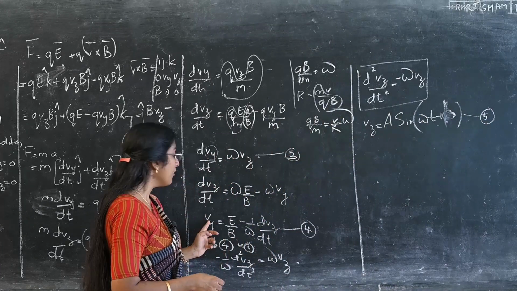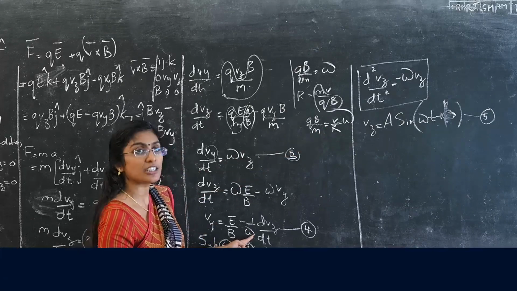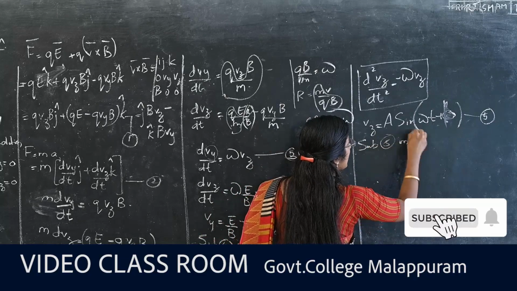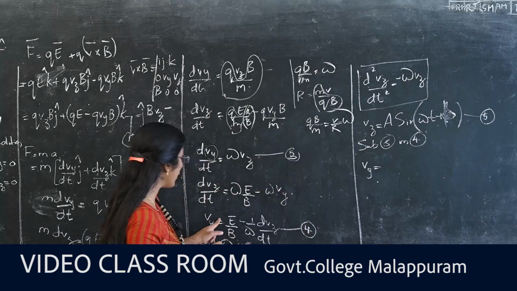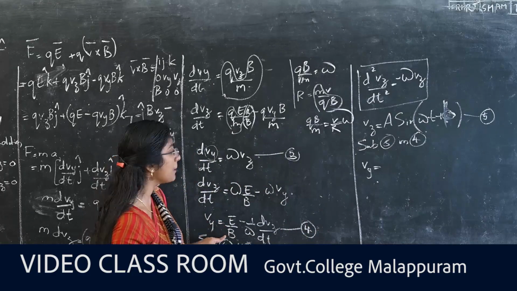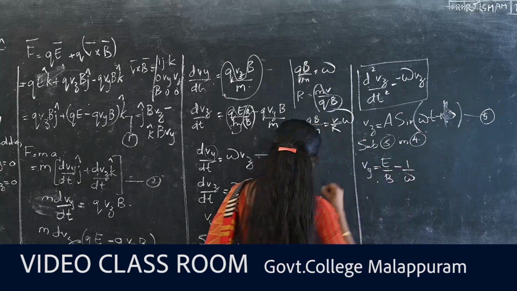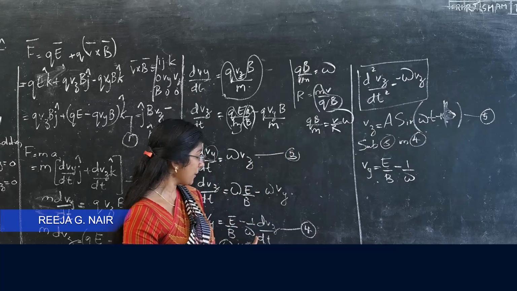From the Vz that I have got, I am going to write down what is Vy. I am going to substitute equation 5 in equation 4. So substituting 5 in 4, I get my Vy is equal to, first term is a constant E by B, minus 1 by omega. I have to find the derivative of Vz with respect to time.